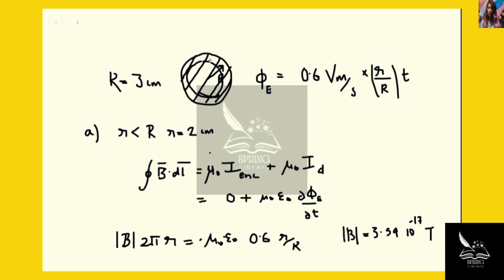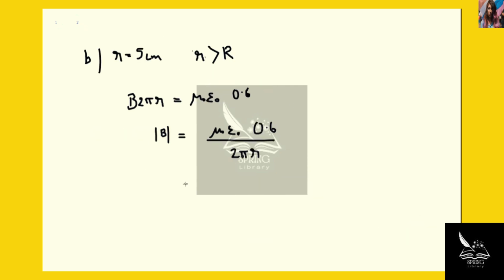But if I want the magnetic field inside the wire, I'll have to consider only that part of the wire which is inside and carries current. So the solution for this is now 2.13 into 10 power minus 17 Tesla.